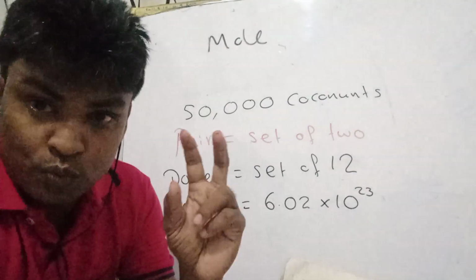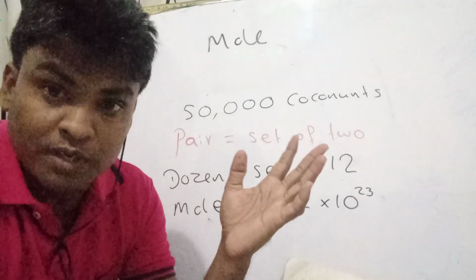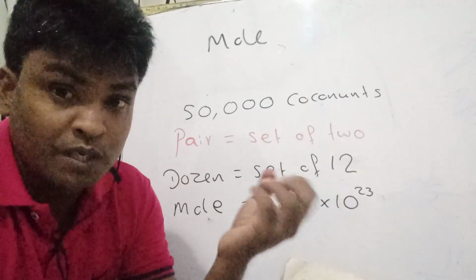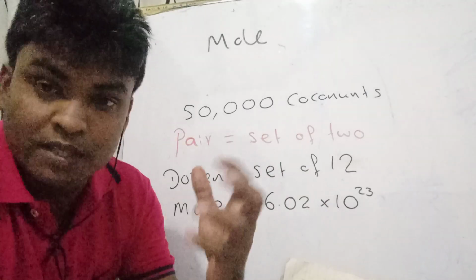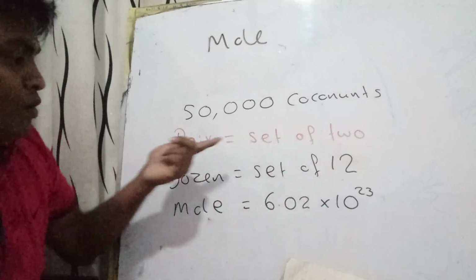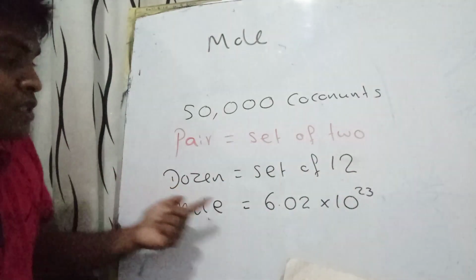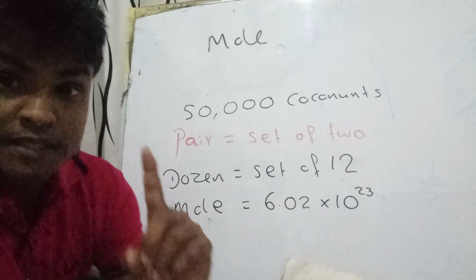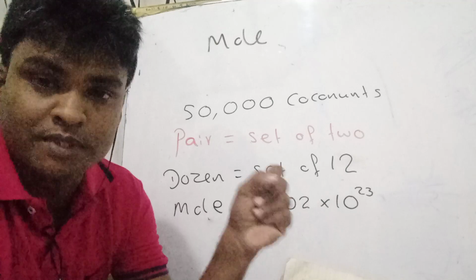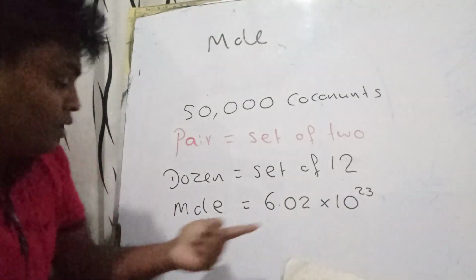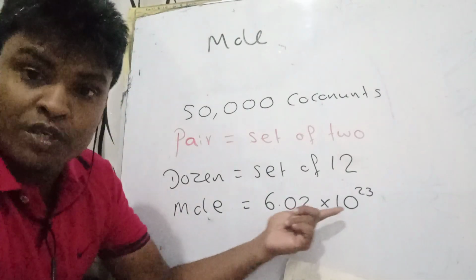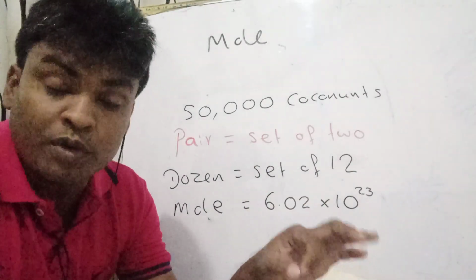Right? Now 2 is a pair, which is a counting unit. Dozen is 12 items of the things, 12 bottles, a dozen of bottles. Like that, a set of 12 is called dozen, 2 is called pair. This much, how much? 6.02 into 10 to the power 23 number of items. This number of items is called 1 mole of items. For example, 6.02 into 10 to the power 23 number of babies.